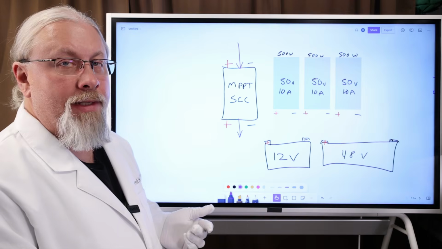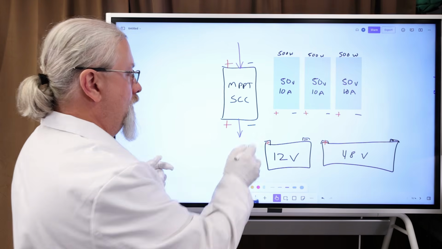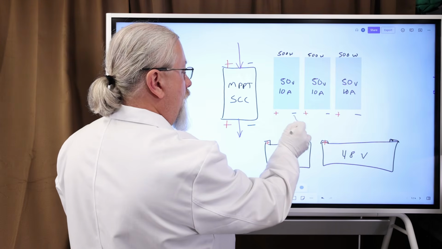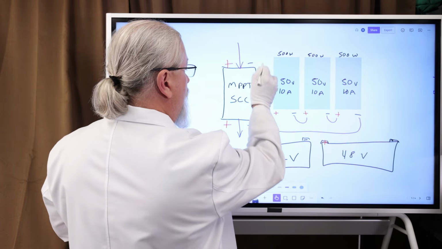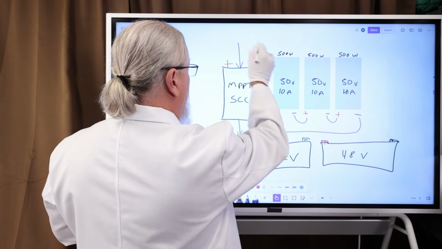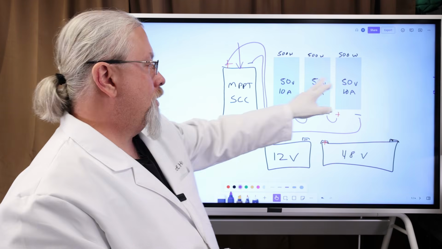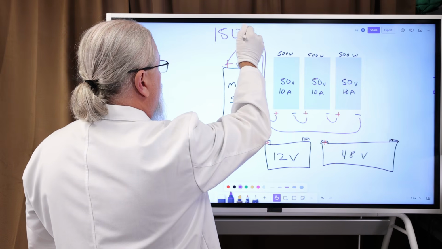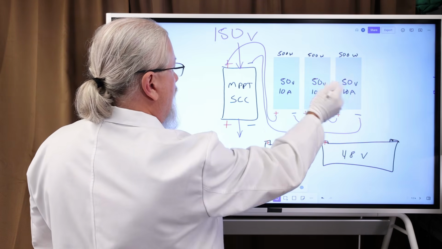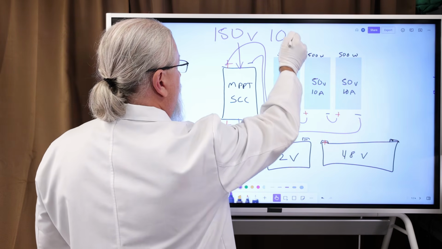Okay, so what if instead we put these 3 solar panels in series, which is positive to negative, and then you actually take 1 cable, go there, and 1 cable, go there. So now what you do is you add the voltages together, so it's 150 volts, but you don't add the amps at 10 amps.